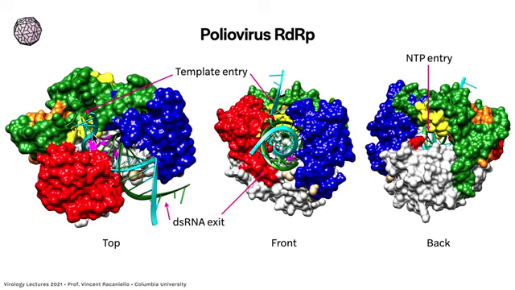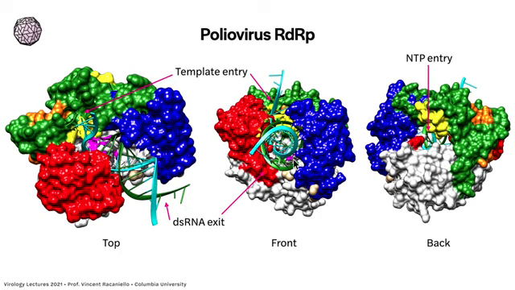It goes down into the active site, which is shown in yellow inside there. And then these magenta colors are the metals that are coordinated by the aspartates. So a single strand goes in, and then it comes out the front as a double-stranded RNA molecule, which is then subsequently pulled apart.